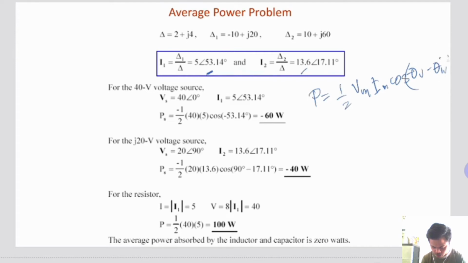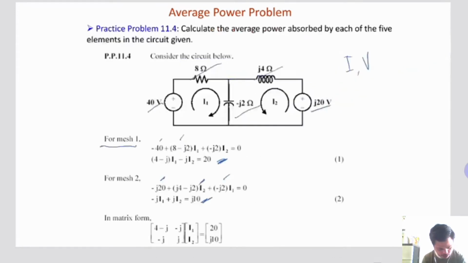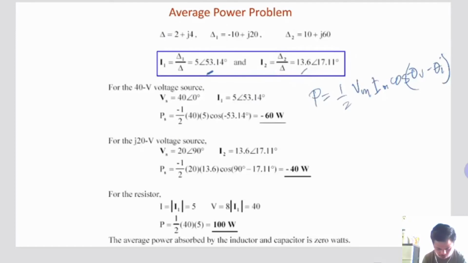We need to compute also the voltages. For the 40 volt voltage source, we have 40 angle 0 degrees times the current flowing through that element, and if you substitute that to the formula, this gives us the average power negative 60 watts.